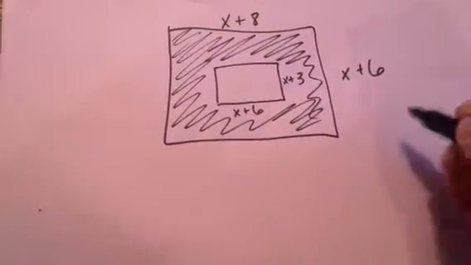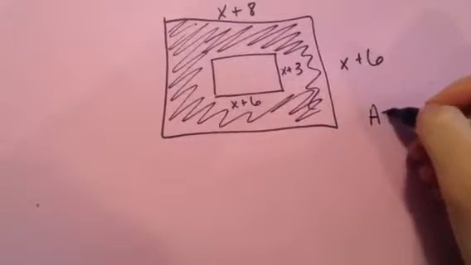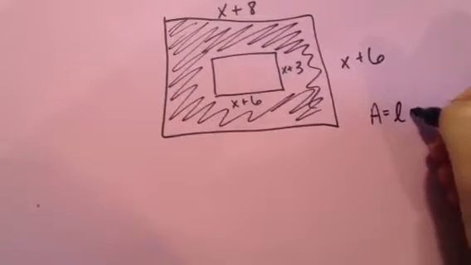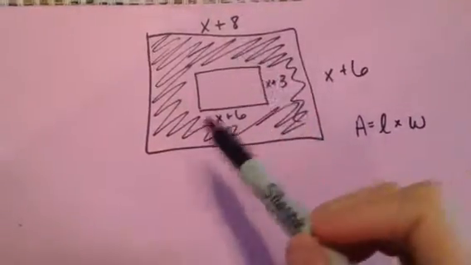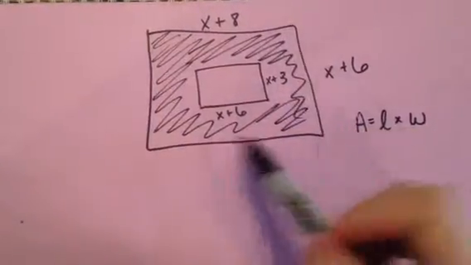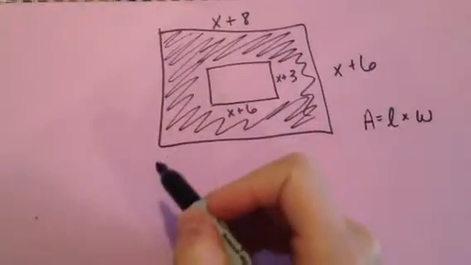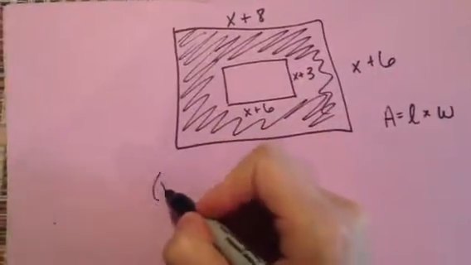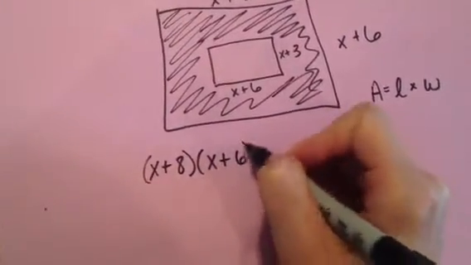Okay, so first I need to remember that area of a rectangle is equal to the length times the width. In this case, if I wanted to find the whole large rectangle's area, length times width, I would just multiply x plus 8 times x plus 6.